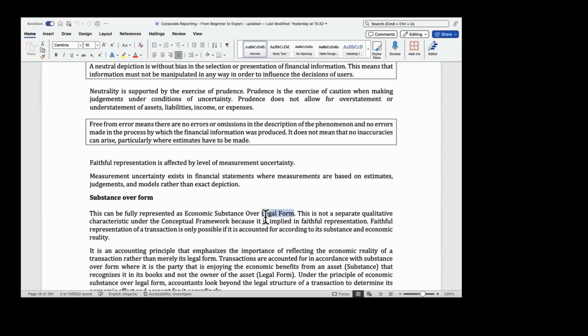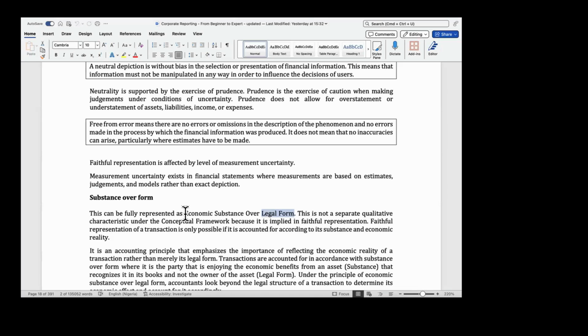So for us accountants, if we walk into the company of that lessee and we see an asset, and we see that he's using it in production, we don't even need to ask. We will put it in his books as if that asset is his own. So even if he tells us that he leases this asset, it's still going to be recognized as a right of use asset, because the economic substance, the financial reality, is that this asset is making money for this person. So it's his asset.